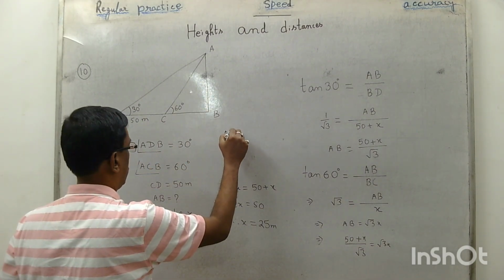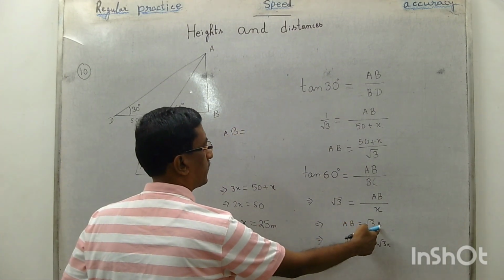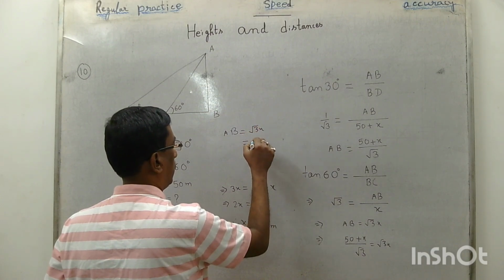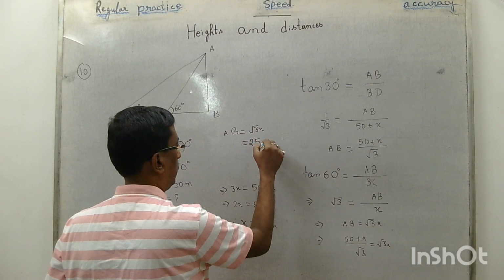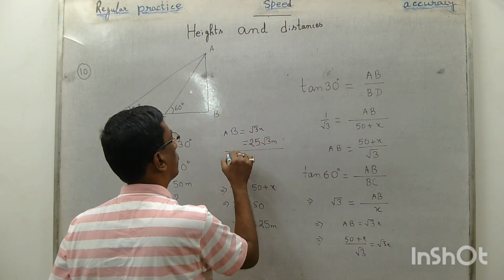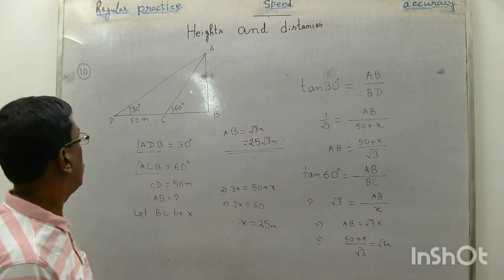AB is root 3x. So it is 25 root 3 meter. This is the answer. Clear? This is number 10.